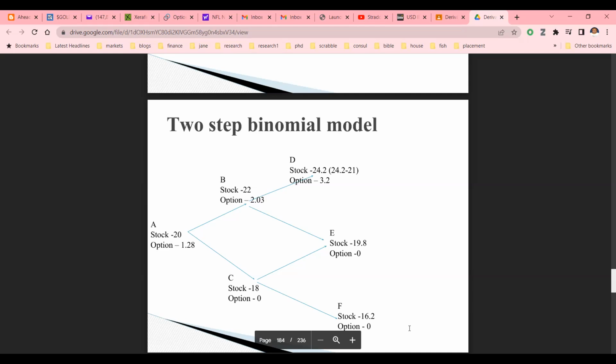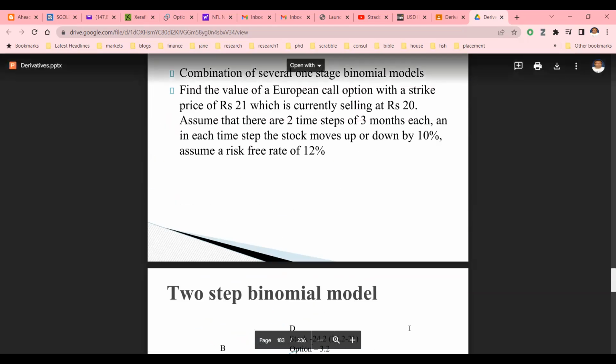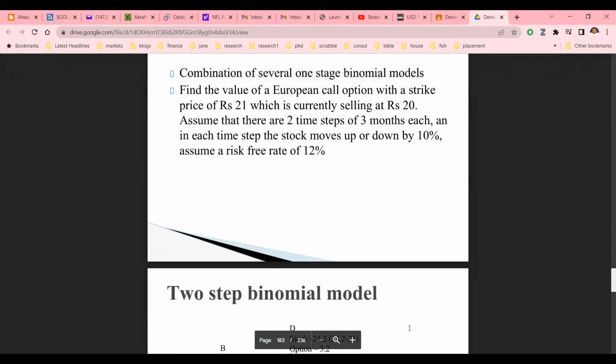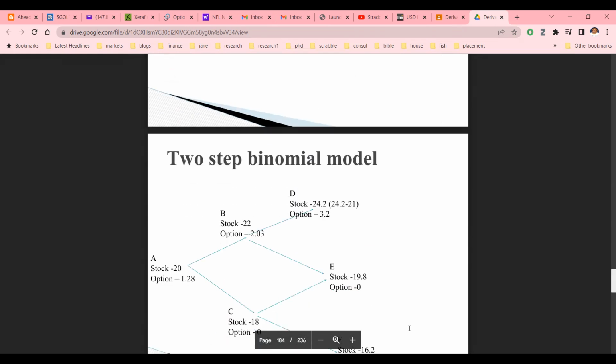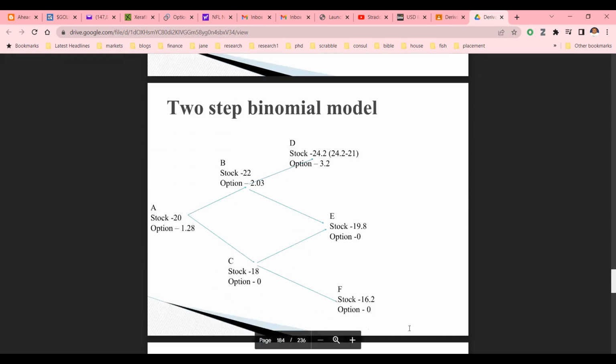Okay, students. Now remember the strike price is 21, and this is a call or put? Call, okay. So at the outermost nodes, it is very easy to calculate the option value. There will be only intrinsic value left.